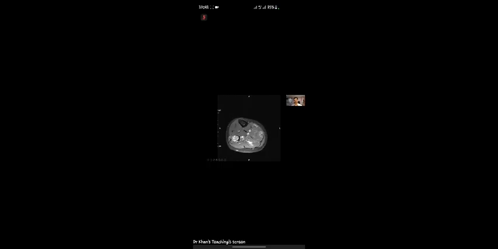So this one is with contrast. Okay. On this sequence, I can see enhancement within the muscle on this side here, the gastrocnemius muscle.